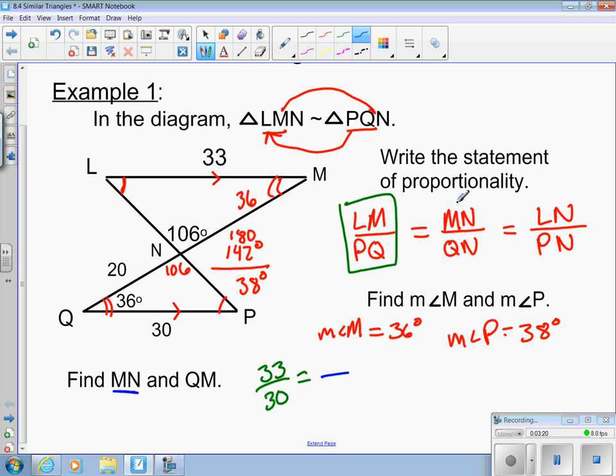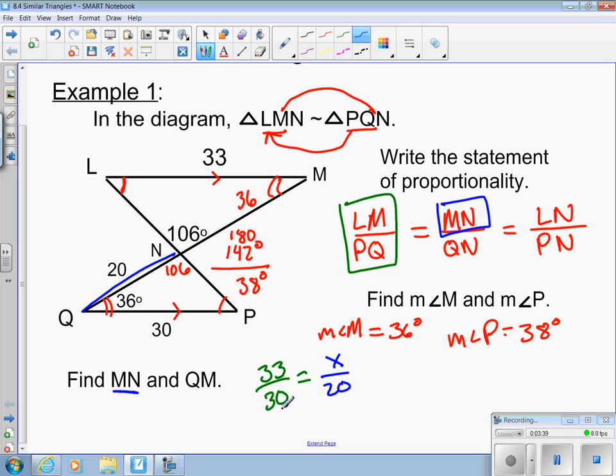Now MN, so now we find it in this proportion. So MN is what we're looking for. And we need to know QN as well. QN is 20. So now I can solve this problem by cross multiplying and dividing.